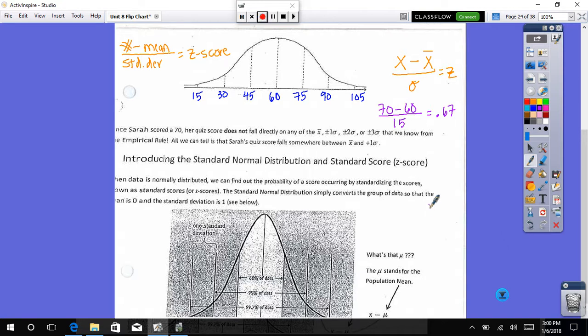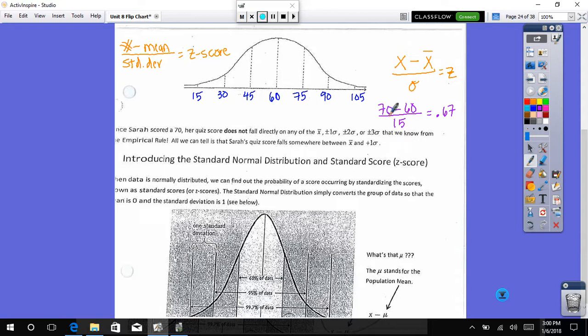That actually tells us how many standard deviations away from the mean Sarah is. That's how far her score actually was from the mean. One full standard deviation away puts her at a score of 75.